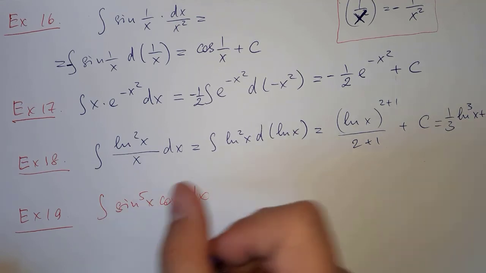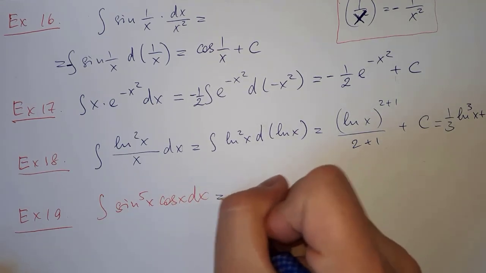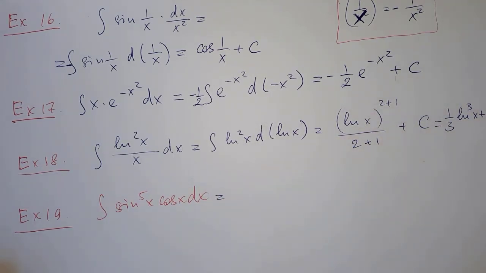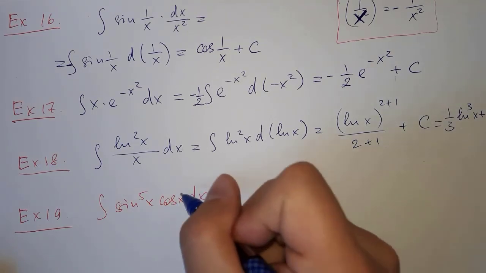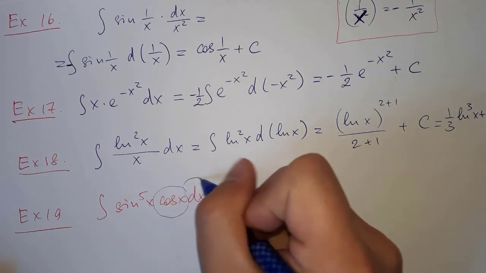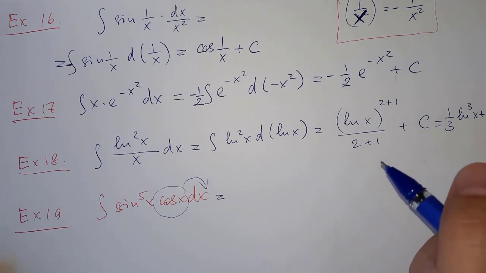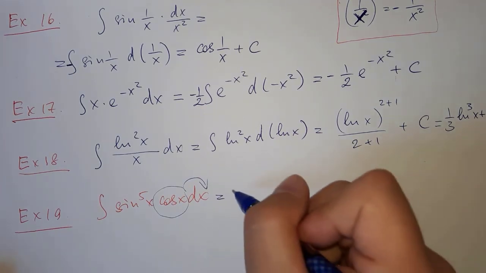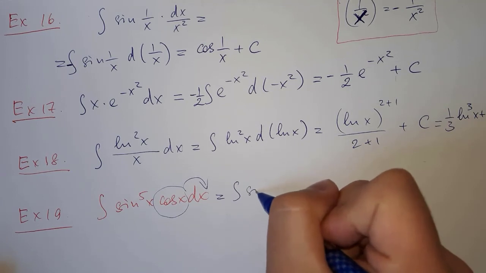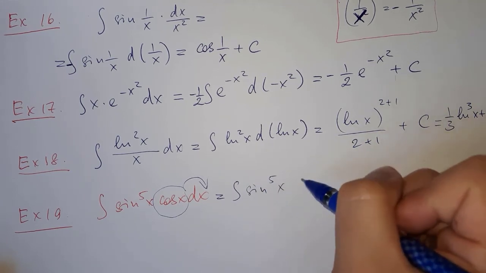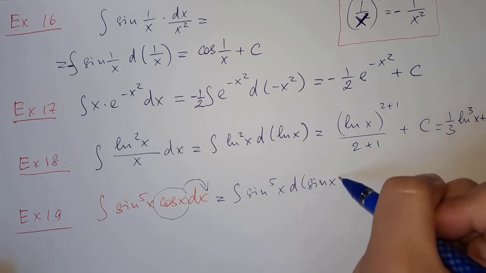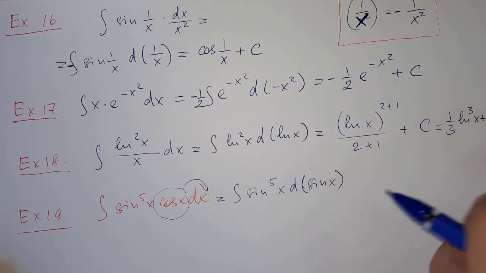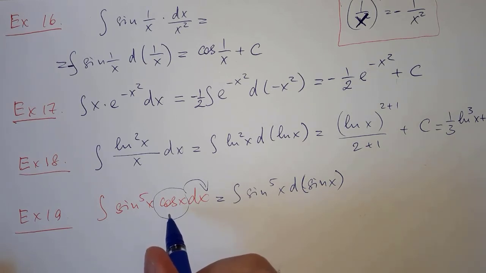So here we have the fifth power, and now again we'll use this rule of differentiation, and here we can write cosine x in differential. It will be the integral of sine fifth power of x, now the differential of sine x, and the differential of sine x is cosine x, and we have this cosine.